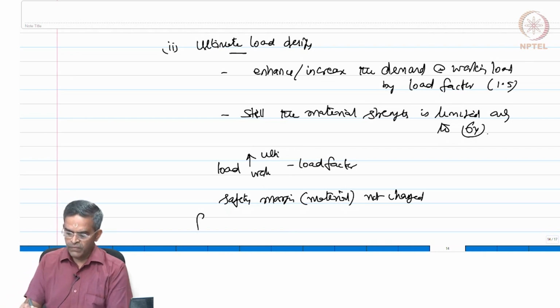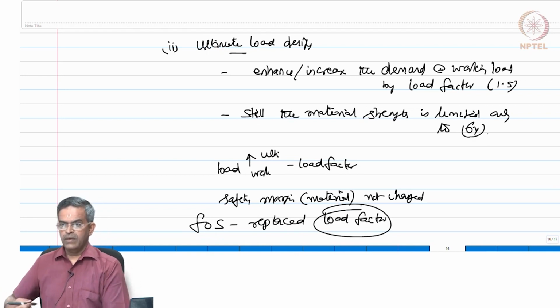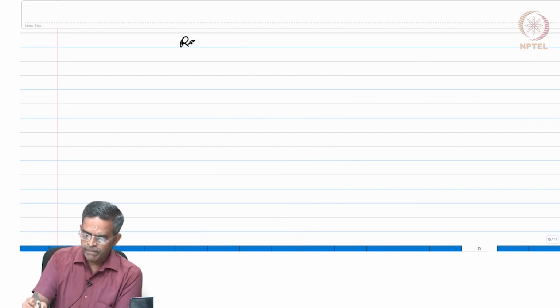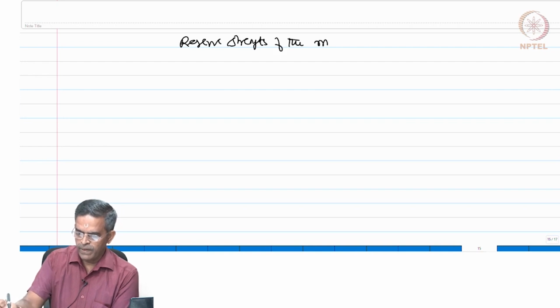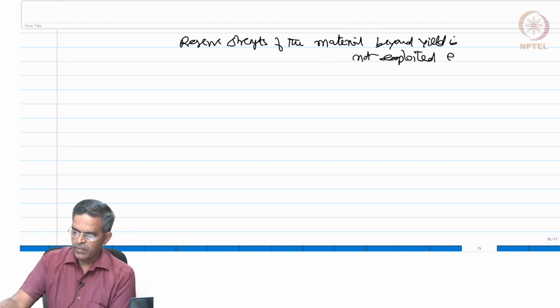Therefore, the factor of safety is now replaced by load factor, is it not? However, you must understand that the reserve capacity of the material beyond yield is still unexploited, even in this method, correct?